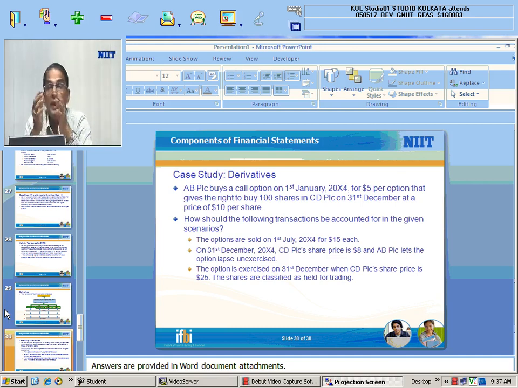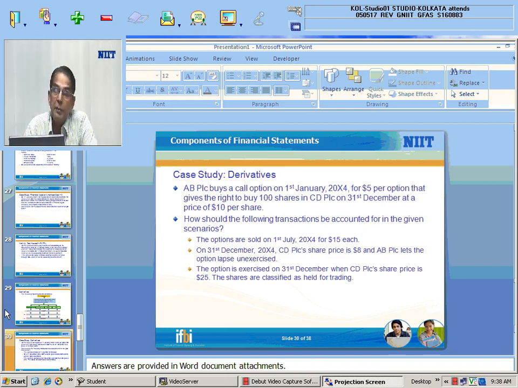If the premium is capitalized, added to the initial value, then the initial measurement may not be zero. So ABPLC buys a call option on 1st January 20X4 for $5 per option that gives the right to buy 100 shares of CDPLC on 31st December at a price of $10 per share.